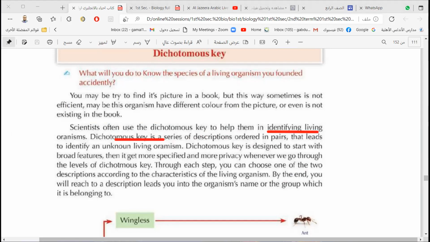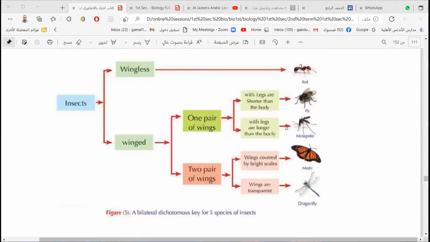A dichotomous key is a series of descriptions ordered in pairs that leads to identify an unknown living organism. Like we are describing, for example, the butterfly. If we are studying the butterfly, and I want a student to describe it.